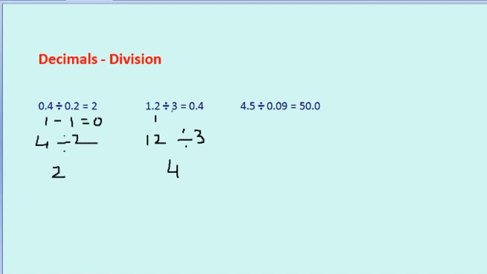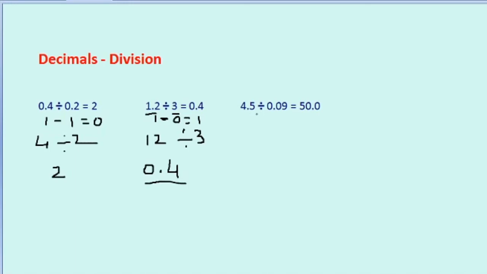In the other number, we have not skipped any, so it will be 0. 1 minus 0 is 1. So from the right we count 1 number, and we put a 0 and a decimal point. So the answer will be 0.4. Simple. In division, we are just dividing 1.2 into 3 equal parts, and each part is 0.4.